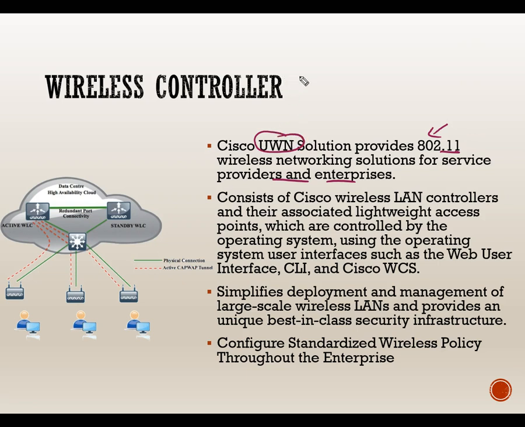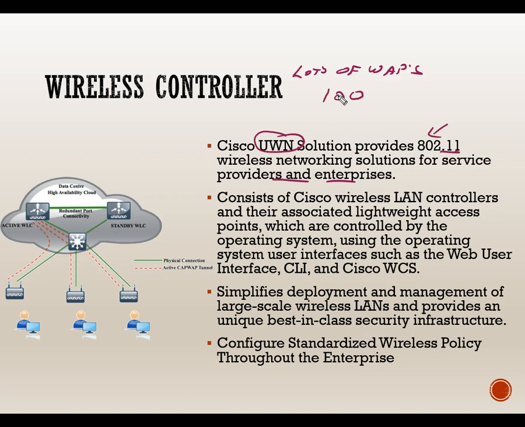This is going to be more than we're going to pay, and we don't need it at home. When we have the wireless controller, if we have lots of wireless access points, if we have 2 or 3, you just go and make the modifications. But let's say we have 100 wireless access points. We have a large warehouse, and we need to have the fork driver stay in continuous contact.